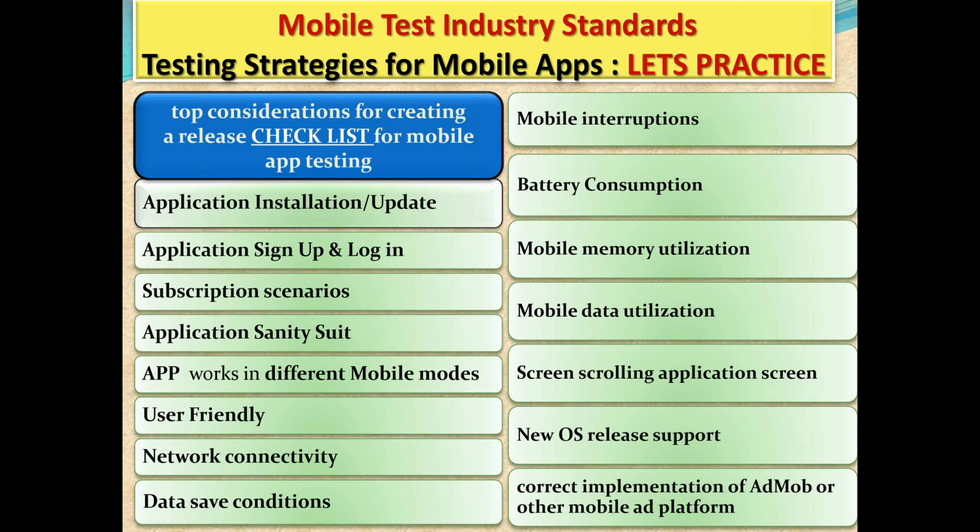Then we have, of course, one of the biggest: mobile interruptions, and we need to check that the application does not affect the mobile basic functions like phone calls, messages, media player, camera, lock and unlock screen scenarios.